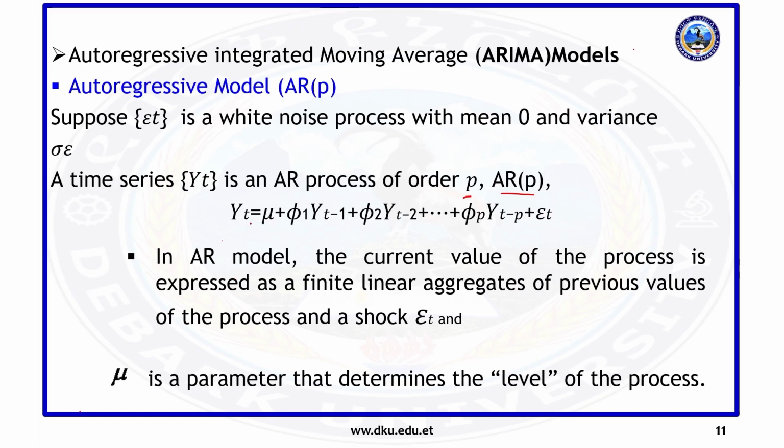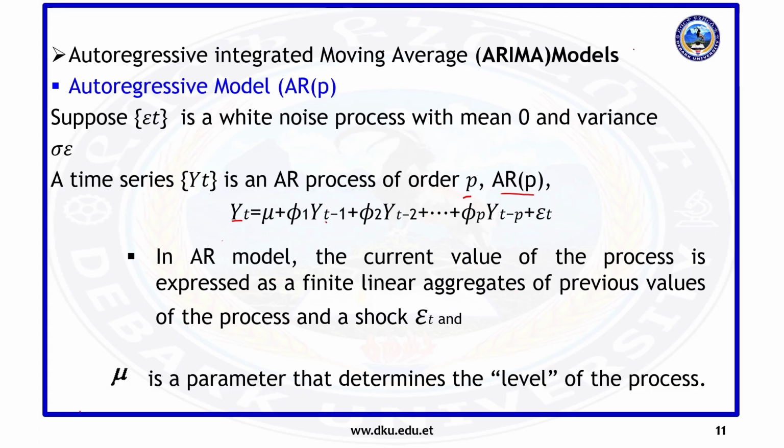Here Y_t is the observation. In an autoregressive model, the current value of the process is expressed as a finite linear aggregate of previous values of the process and its shock.